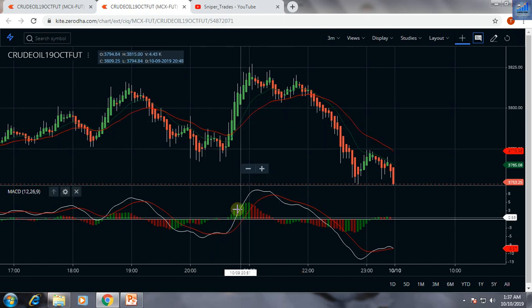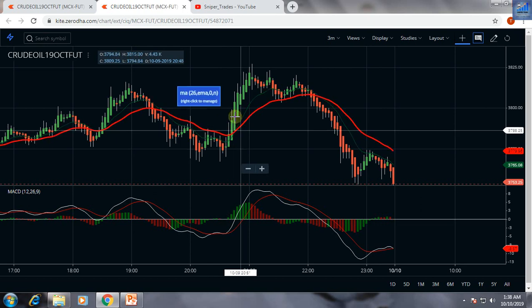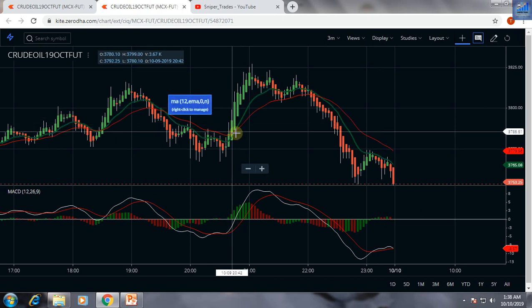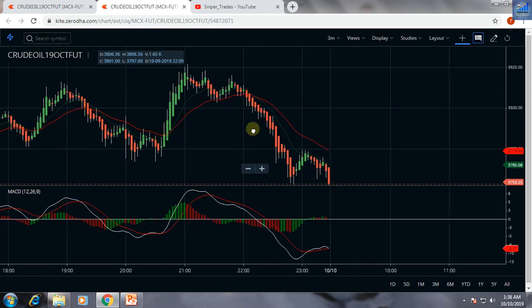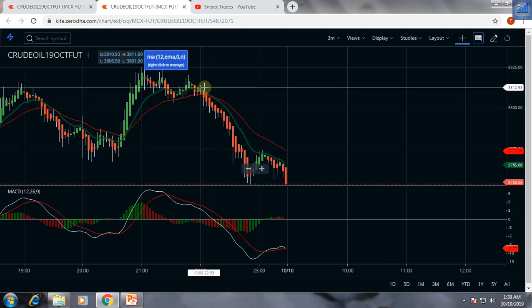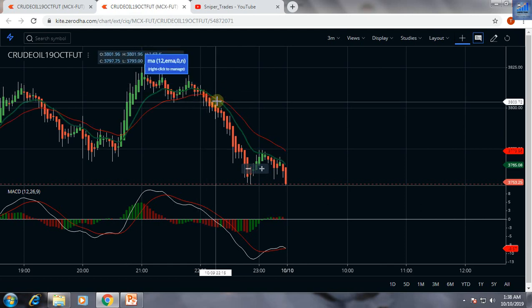As we can see, here the white line has crossed above the zero line, that is the baseline, and look here, the two moving averages have crossed each other and the price is moving in a bullish direction. So that is what this means. And also see that if the white line is crossing below this baseline, that is the zero line, it means that the green line has crossed downwards the red line.